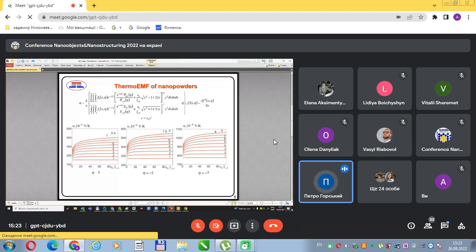Штука в тому, що якщо розмір наночастинки малий, то навіть у класичному випадку, якщо ми нехтуємо квантовими розмірними ефектами, а розглядаємо тільки класичну ситуацію, то може статись так, що розмір стає співставним або меншим, ніж довжина вільного пробігу носіїв заряду. Скажімо, в такому кристалі, як телурид вісмуту, довжина вільного пробігу носіїв заряду складає близько 20 нанометрів.